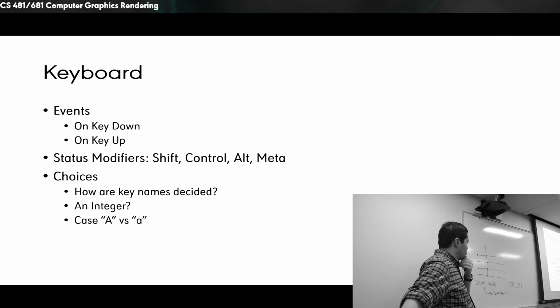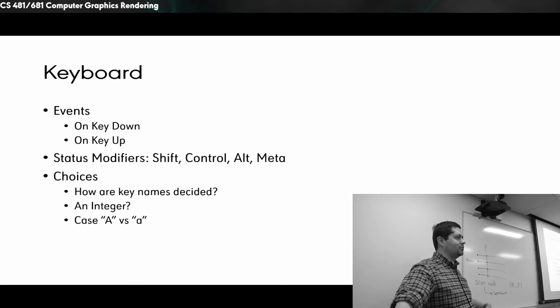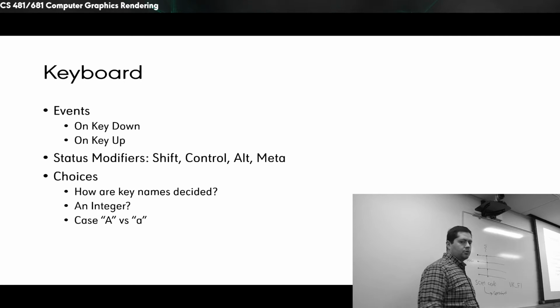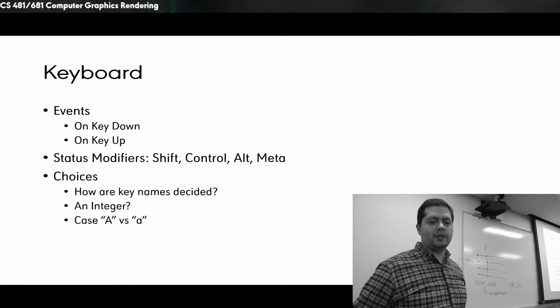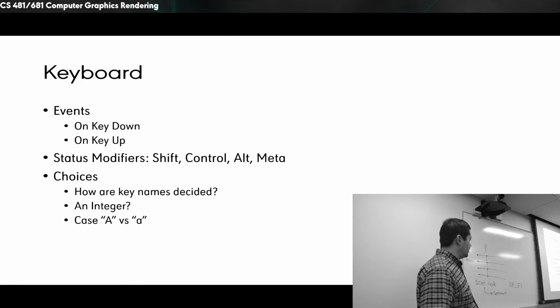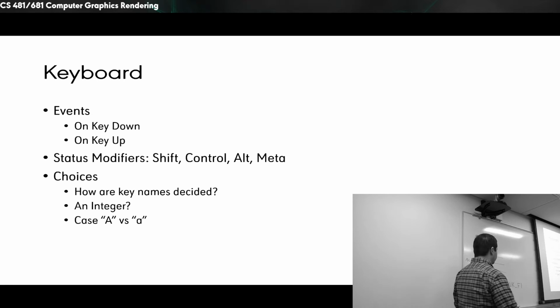Now, we're doing everything in JavaScript, so thankfully that gives you a cross-platform standard way of referring to these, but they use strings to identify the keys, right? So you'll get capital A, lowercase a. What's nice is that for the F1 keys and so on, it'll be F1, F2.